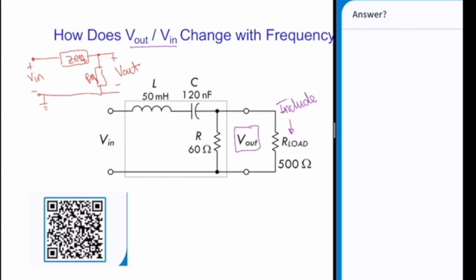You treat it like a resistance. So we're going to repeat it. You combine.